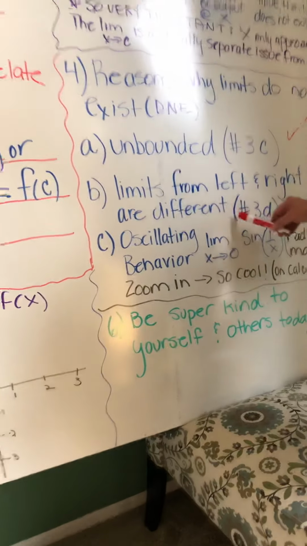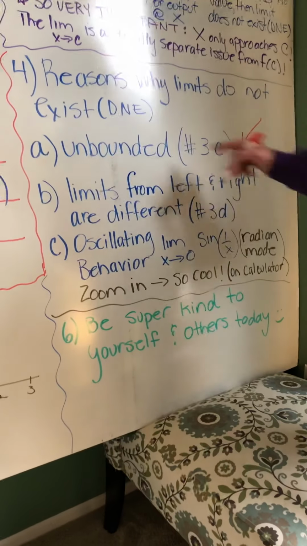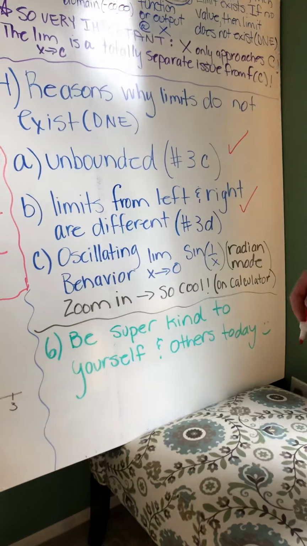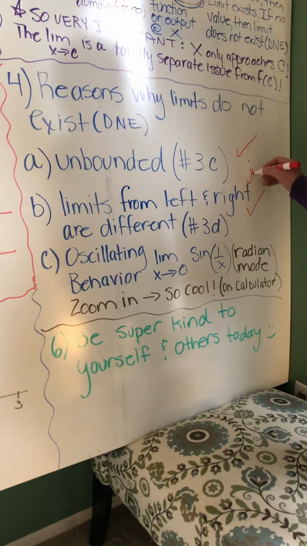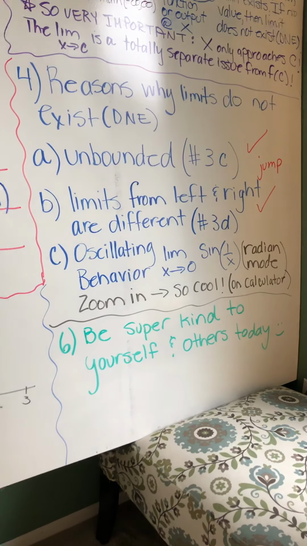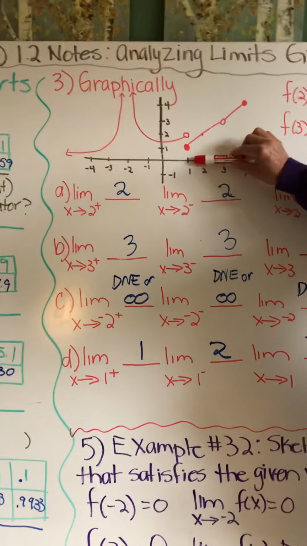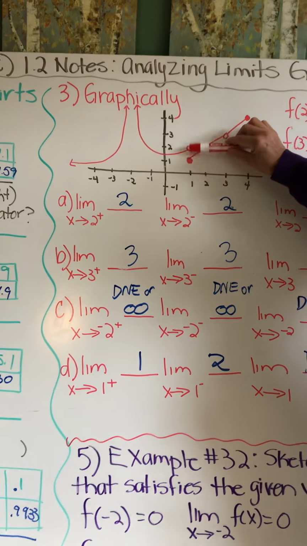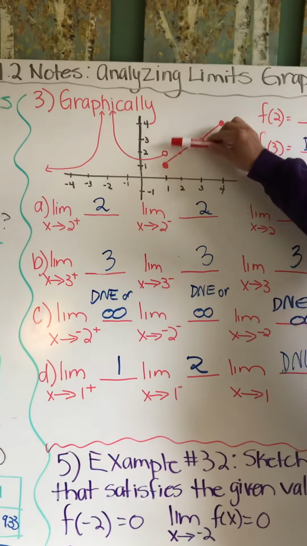Okay, so when you have limits from the left and the right that are different, you will find that a limit does not exist. Okay, this is actually called a jump discontinuity, right? We will learn more about that later, but take a look. Let's go over to this graph. Look where x is 1. See how the y values are jumping. That's why the limit doesn't exist. We have a jump there.